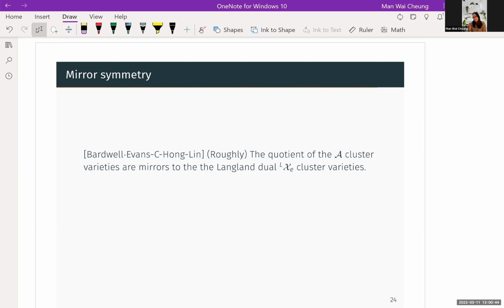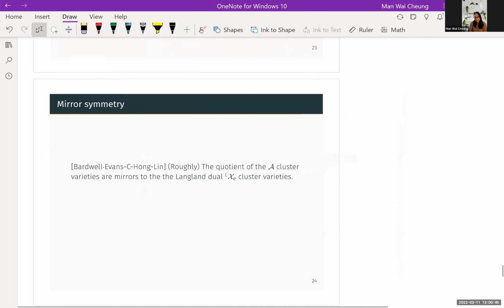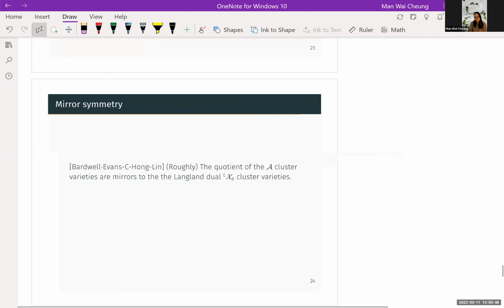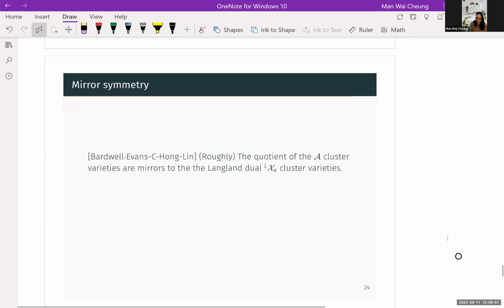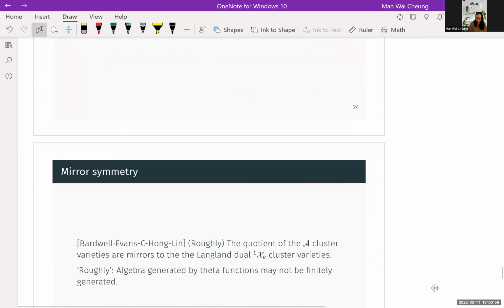Roughly, what we have is a quotient of the A cluster variety, and they are mirror to the Lagrangian of the X cluster variety, because we construct the scattering diagram.